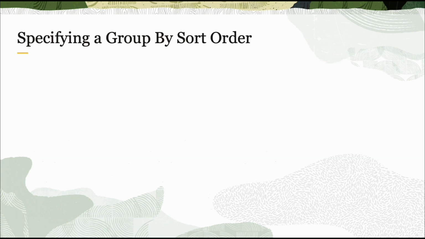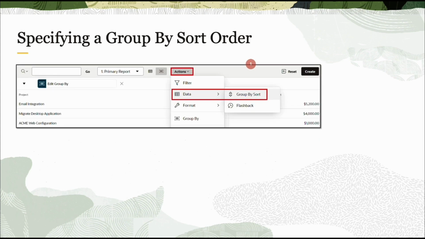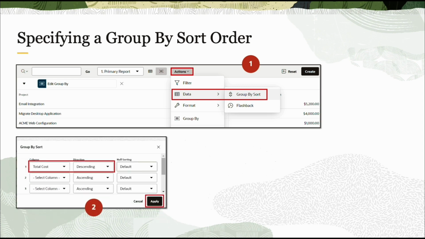After creating a group by report, you can now specify group by sort order to sort the group by report based on various columns. To do that, click on Actions menu and select Group by Sort available under Data submenu. When you click on that, Group by Sort dialog opens up.